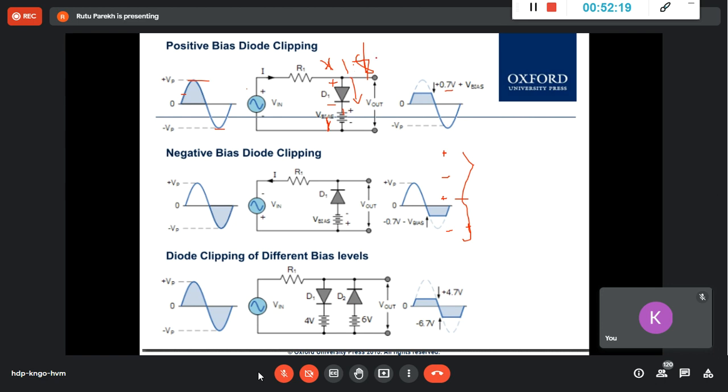So 0 to 1.7, it will not conduct. It will not conduct means no current is flowing. No current is flowing means the voltage drop across here is 0, and whatever the voltage is will all appear here. So your output will follow the input up to 1.7. So this dark line is your output.